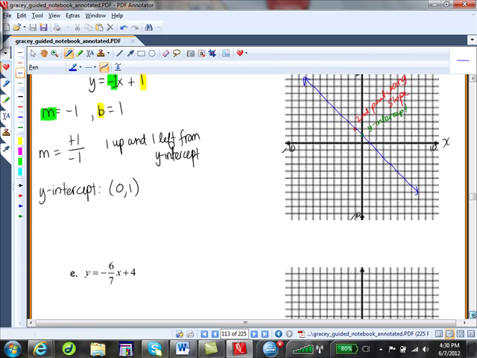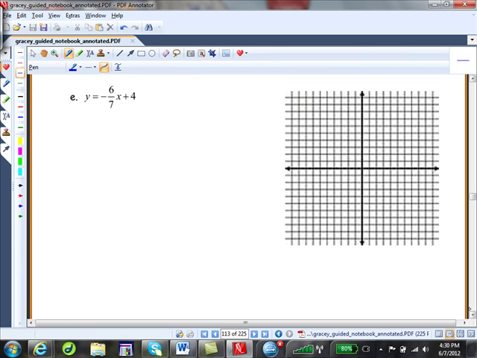Now part E. So our slope is negative 6/7 and B is 4.